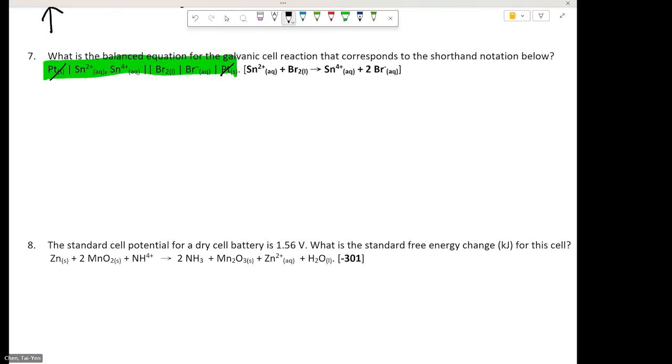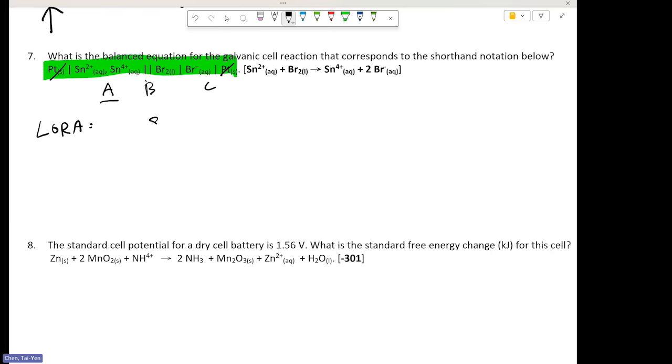And you look at these center 2 species. Remember the cell notation always has this ABC form, meaning the first half is your anode, then bridge, and cathode, right? For your anode, that's your Lo-rod.